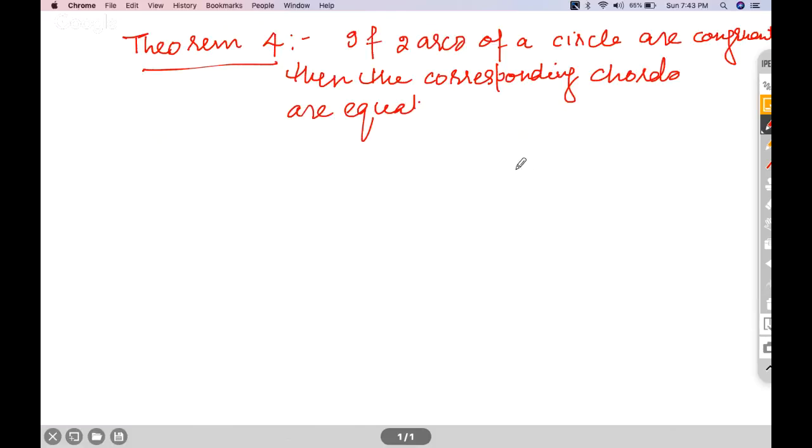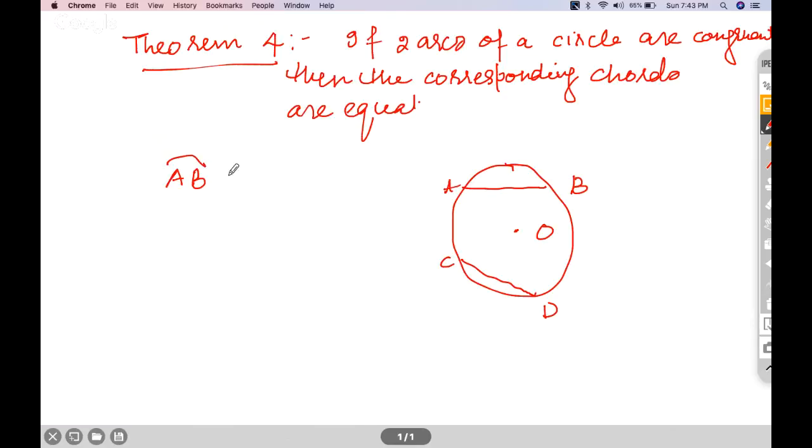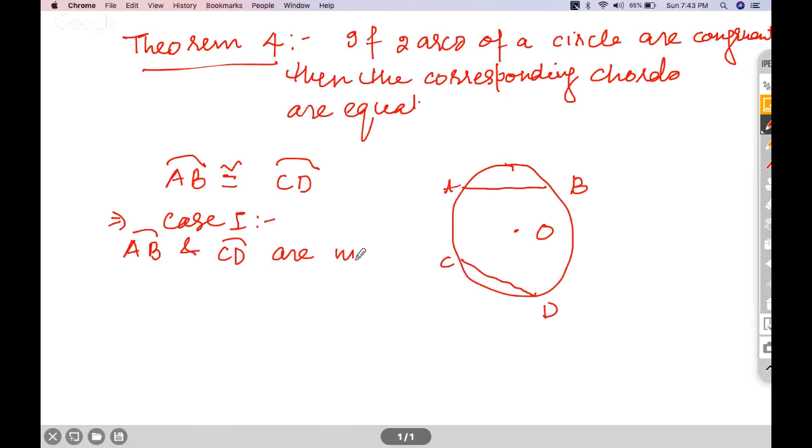So I take this circle and I have chord AB here and chord CD here. This is AB and this is CD and this is my center O. Now I am saying that arc AB is congruent to arc CD. So what does it mean? There are three cases. Case 1 is that arc AB and arc CD are minor arcs.